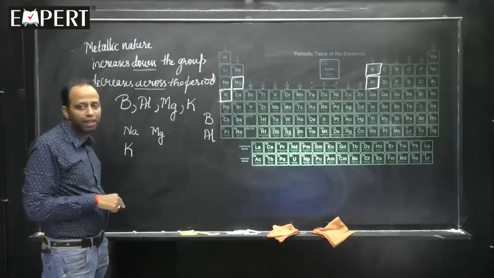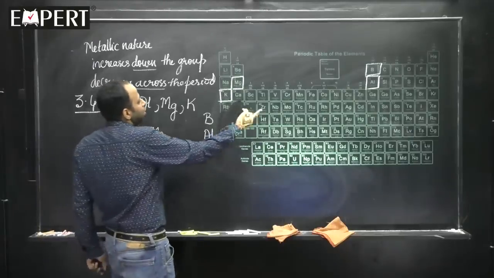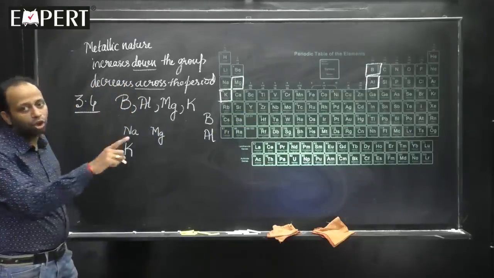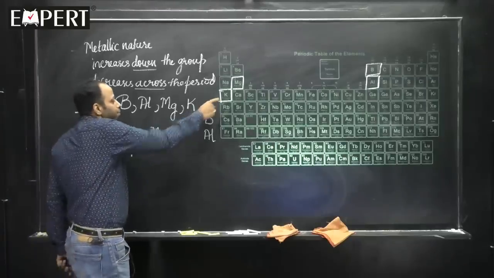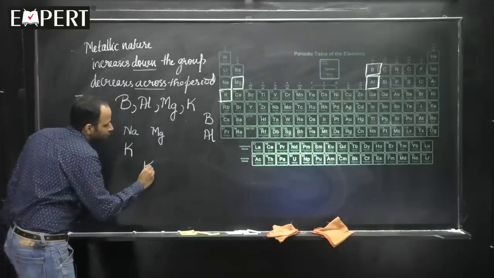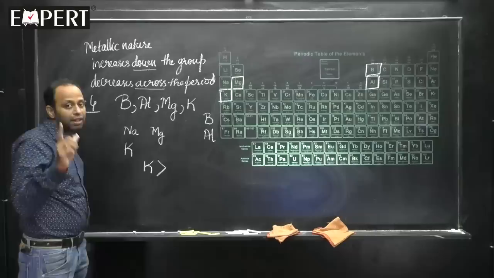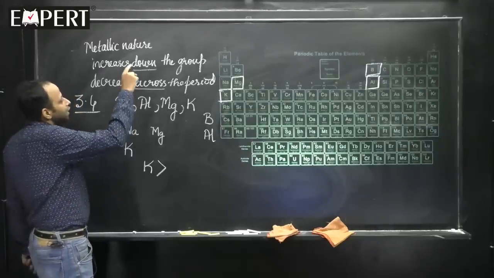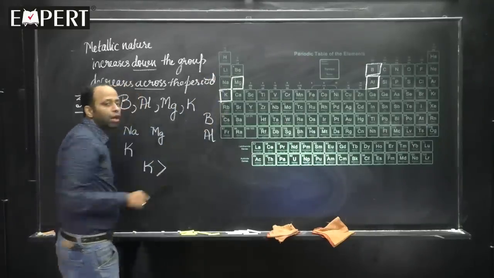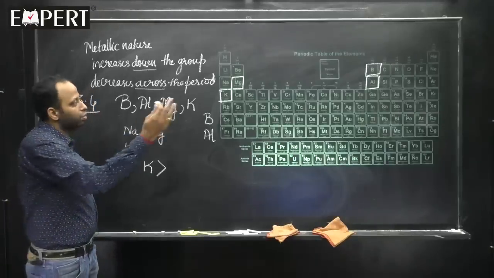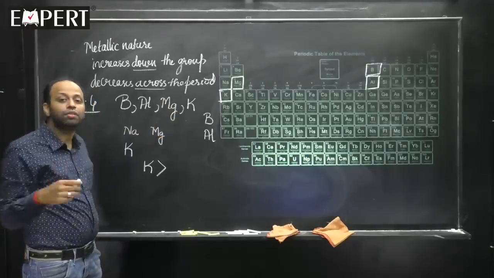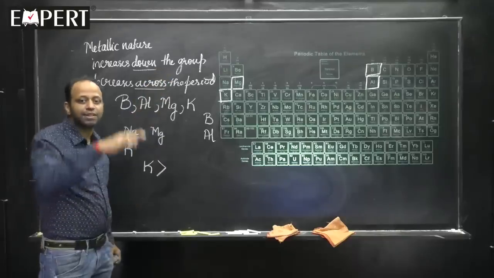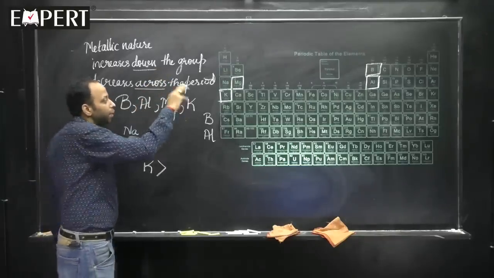Okay, it is potassium, and on the left side. Why? Because it is decreasing across the period. So that means the maximum metallic nature will be there for potassium. Maximum metallic nature, because metallic nature it increases down. So when you go down, that will be the highest. Then you have to go to the leftmost side to give the maximum one. Okay. Then you go to the upper one, next lower one compared to potassium.